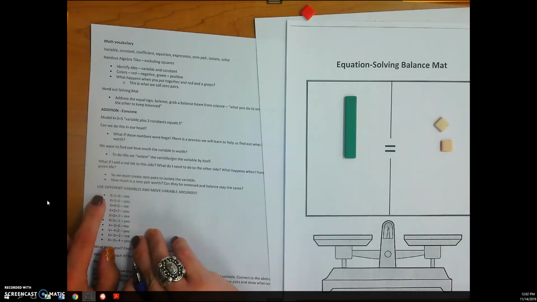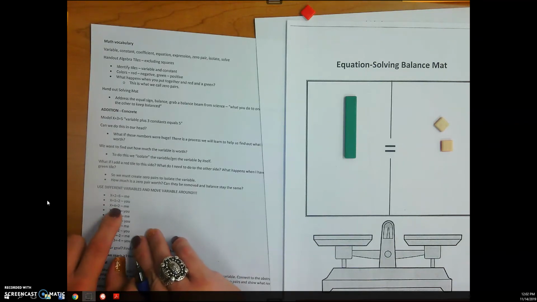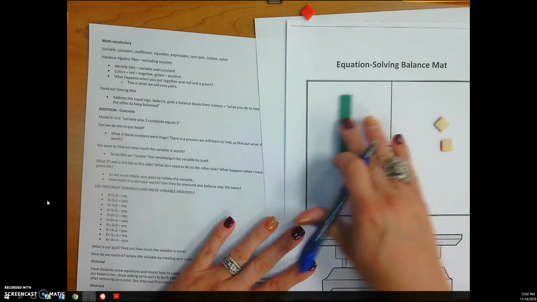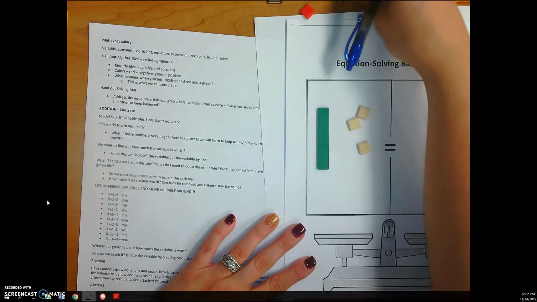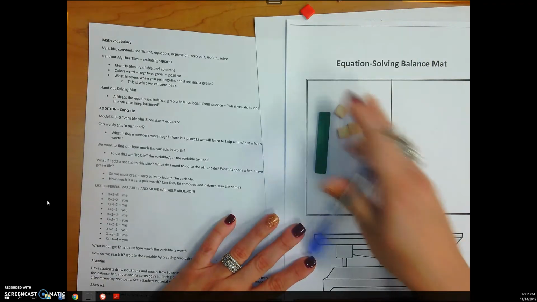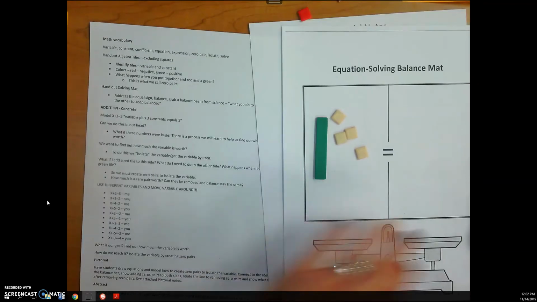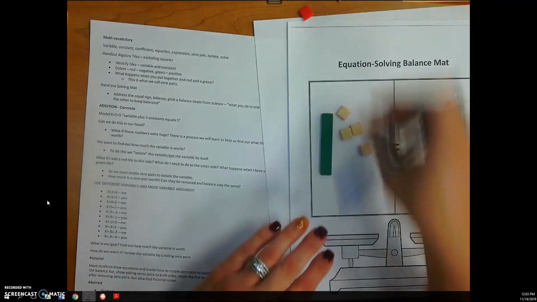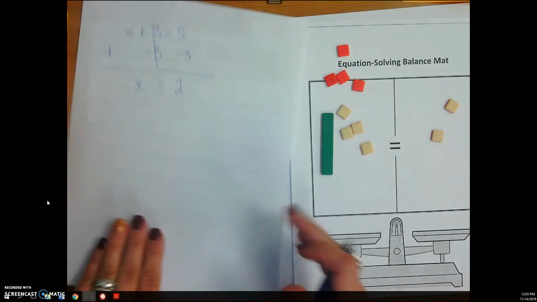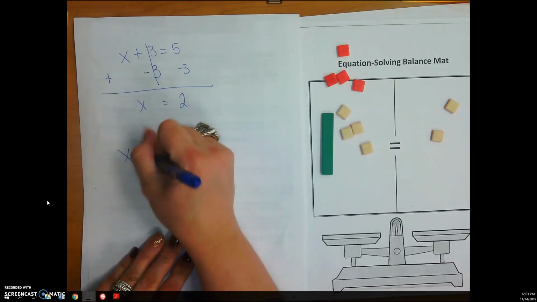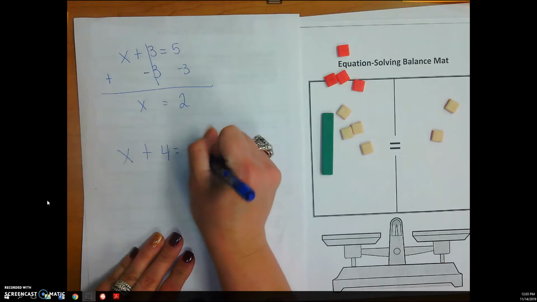So another example I need to do is one where we have a variable plus 4 equals 2. So we'll do the same thing. Have our paper here, a variable plus 4 constants equals a positive 2.